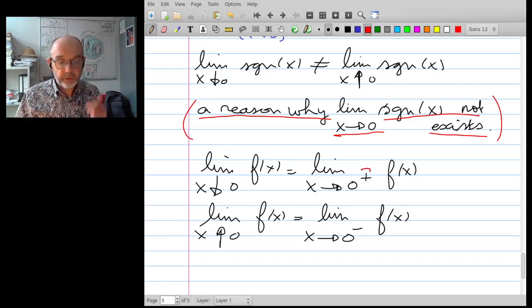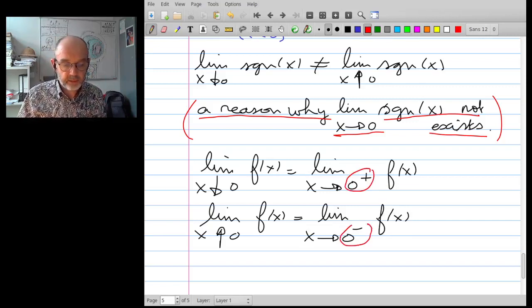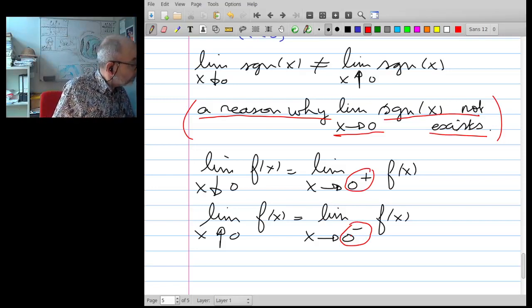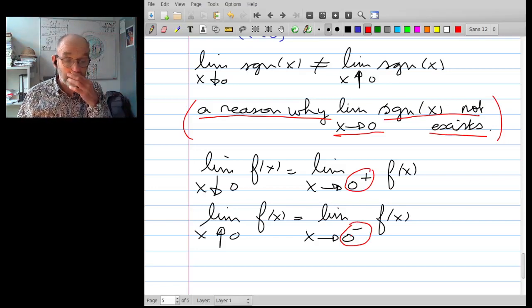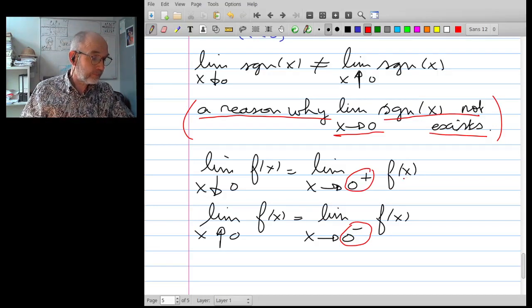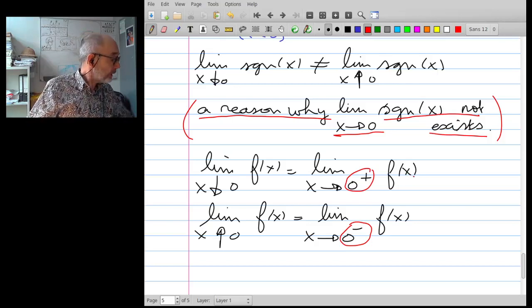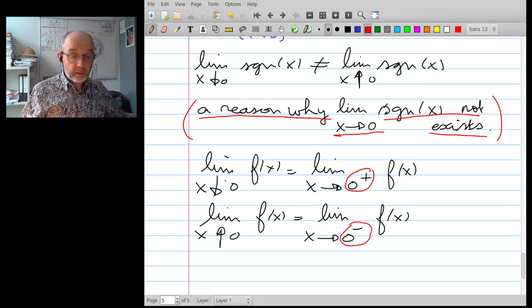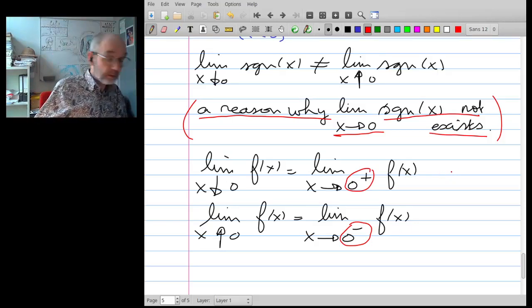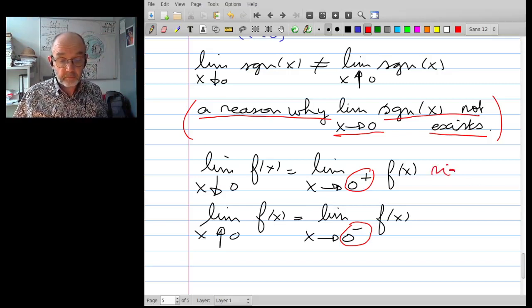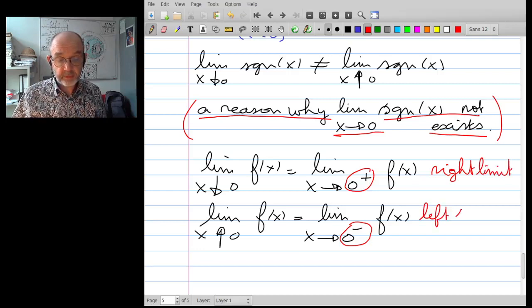So you are here and here. So this is the right limit, and the other one is the left limit.